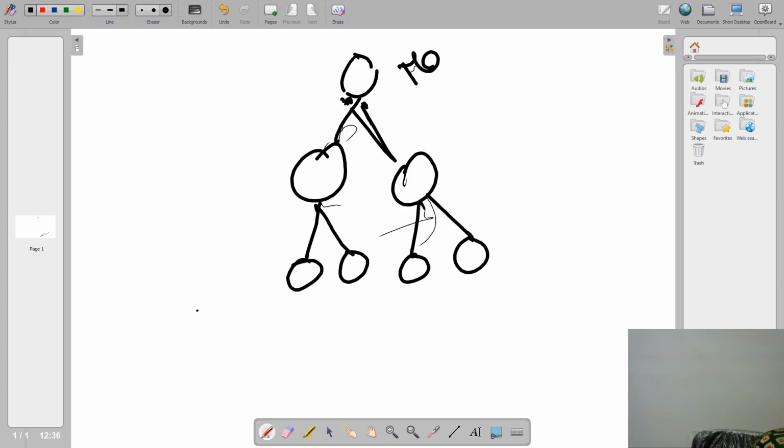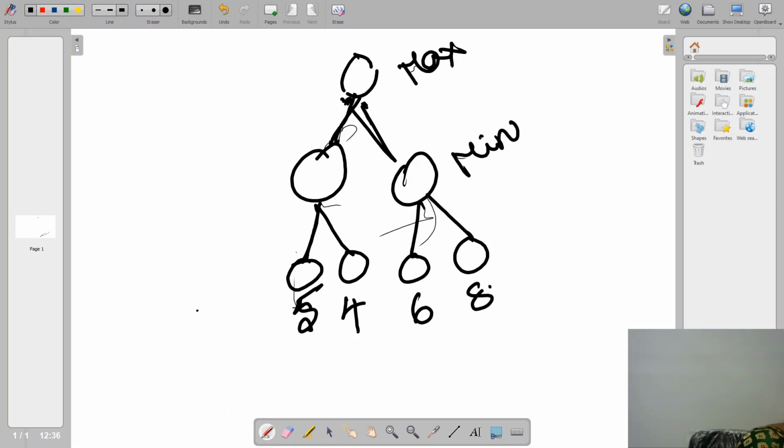This is max and this is min, right? And here I am giving 5, 4, and this is 6, 8. Now you have to go for the leaf node 5. Which one is the minimum? 5, 4. Here 4 is the minimum. Next, 6 is there. So next you have to go for the right-hand side, and 6, 8 is there.